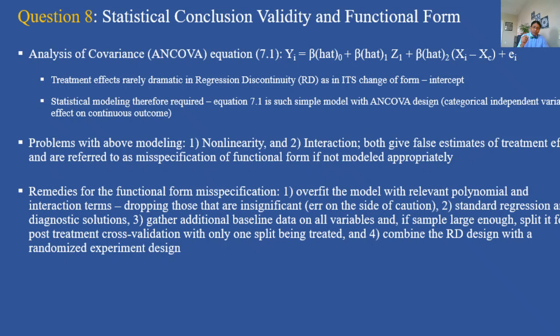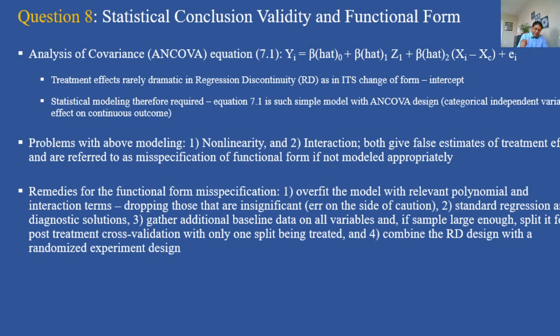Beta hat subscript 1 is the treatment regression coefficient. Beta hat 2 is the regression coefficient predicting outcome from the assignment variable, which is x. Xi is the assignment value for a specific study unit, and xc is the assignment variable value for the cutoff point.